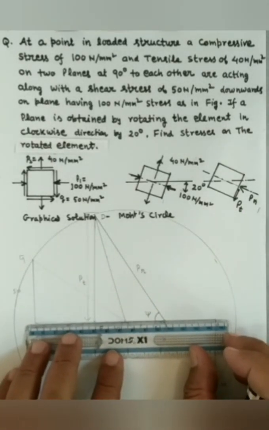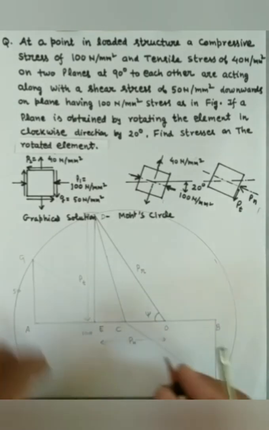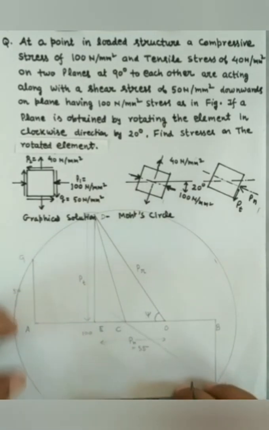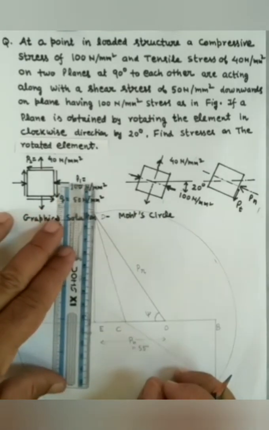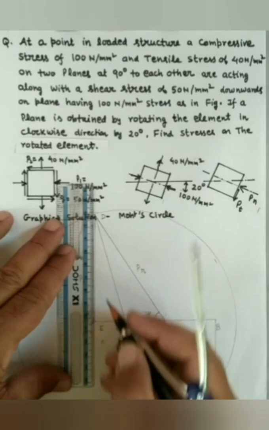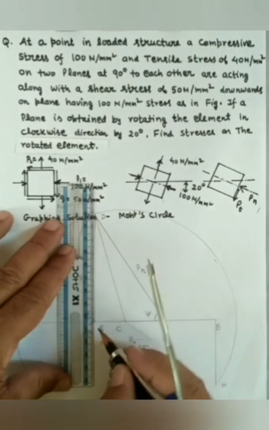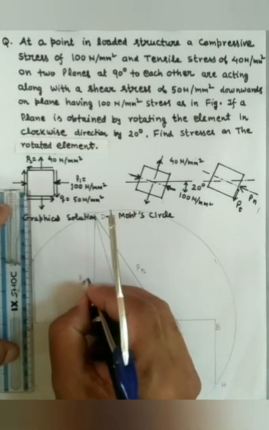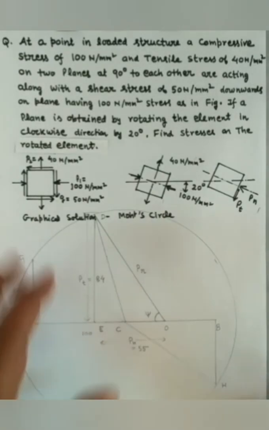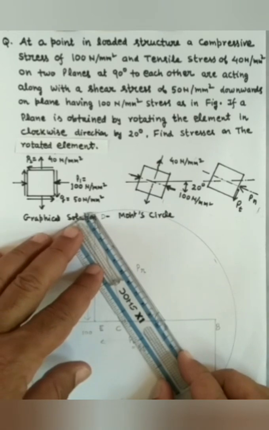Now let us measure OE, which will be the graphical value of PN, which comes to 55. And let us measure DE, which is the graphical measure of PT, or the tangential stress, and which comes to 84. And let us measure the resultant PR by measuring OD.